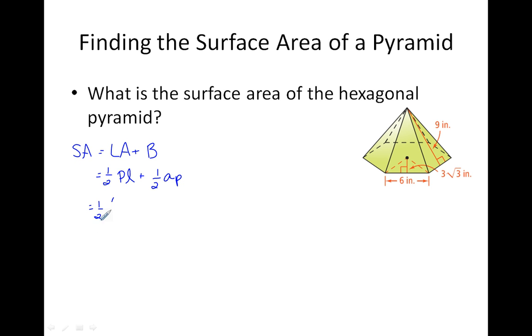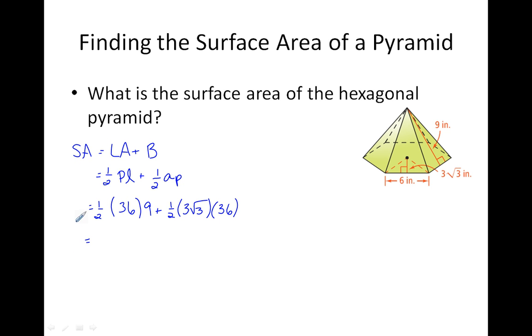Now, if we fill in this information, the perimeter of the base, each side is 6 inches. There's 6 of them, so we have 36, times the slant height, which is this height, so we have 9. We're going to add to that 1/2 times the apothem, which they already gave to us, so we don't have to figure it out, is 3 radical 3, times the perimeter, which again is 36.